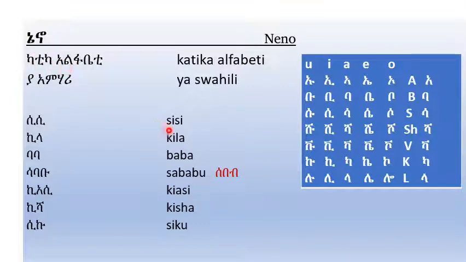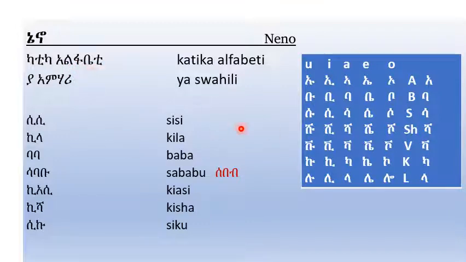When you write the L, we don't say alphabeti because it has an L sound. That's what we call it in Amharic. Alphabeti. I've learned new things on the way.